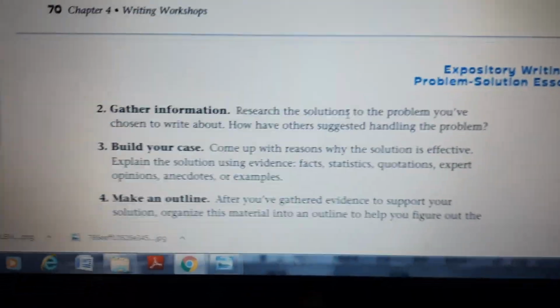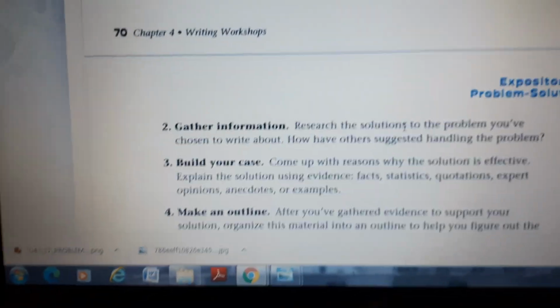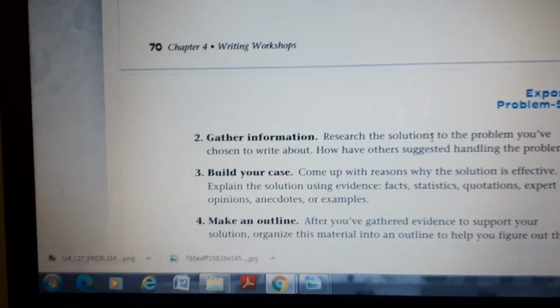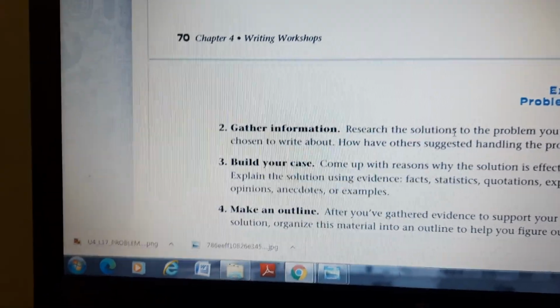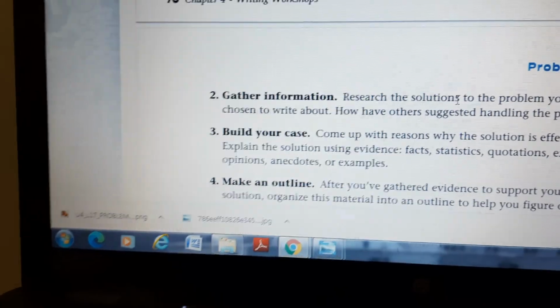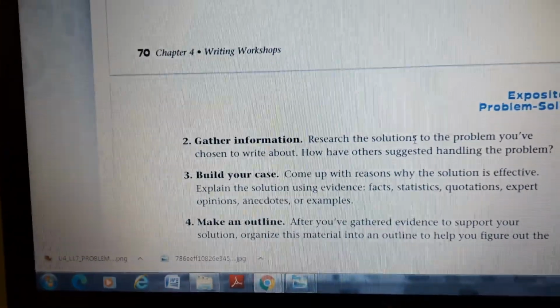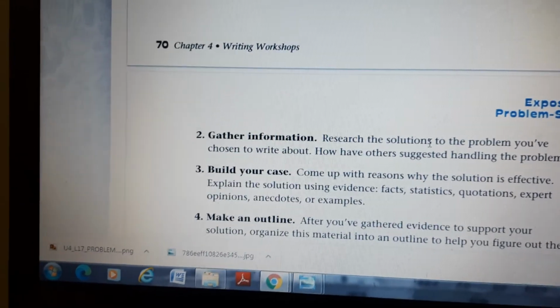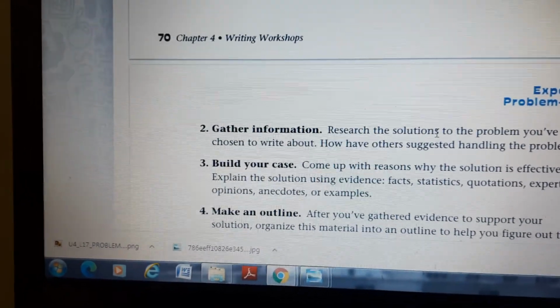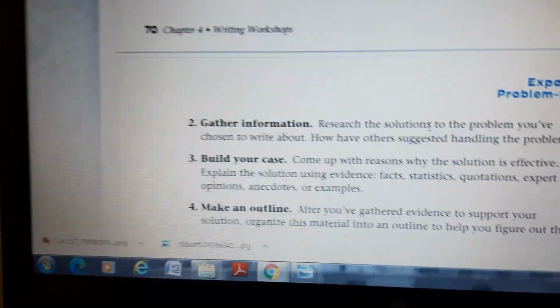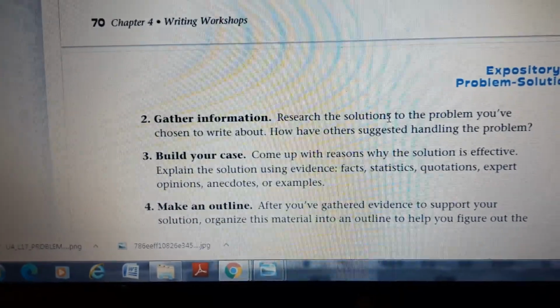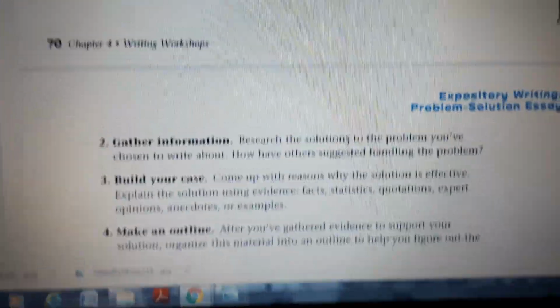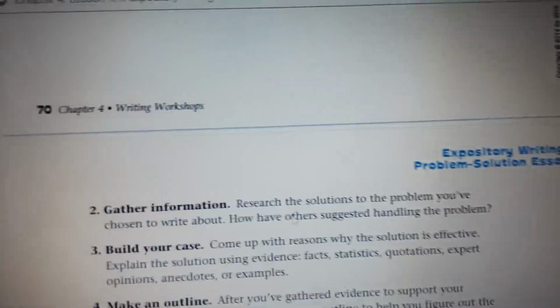Let's say we have a problem in your town, like there's a lot of rubbish on the streets, it's not clean, so you have to gather information, like the main street is not clean, or why it is not clean. So I gather information, like do people throw things on the street, things like that.